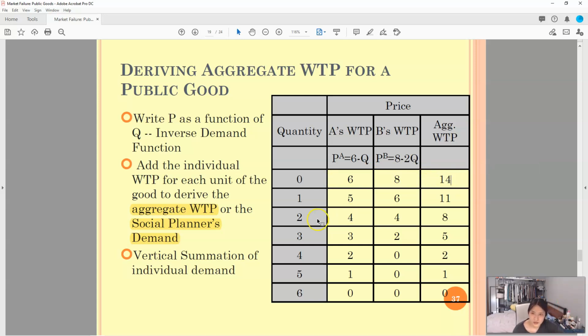Right? So when the quantity is equal to 1, A's willingness to pay is 5, B's willingness to pay is 6, then the aggregate willingness to pay is 11. So 14, 11, 8, 5, 2, 1, 0 are the aggregate willingness to pay at each level of quantity demanded.